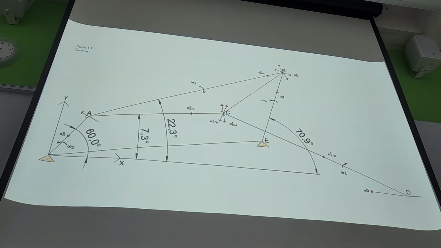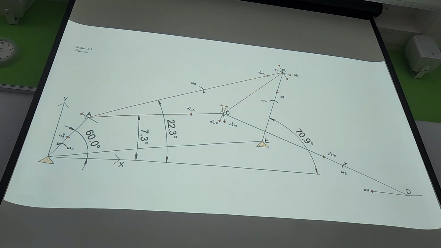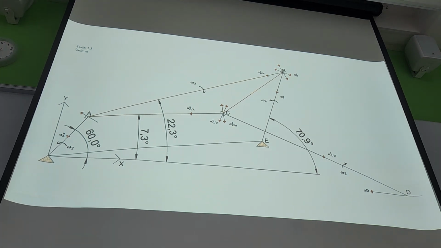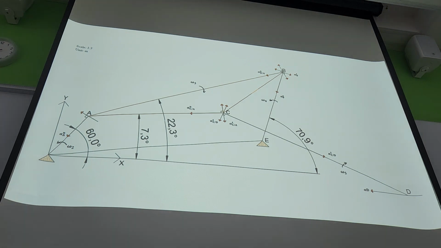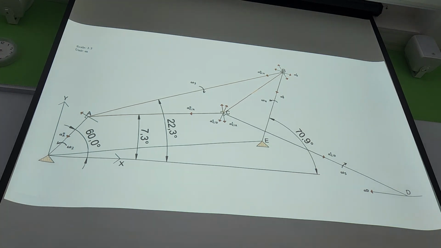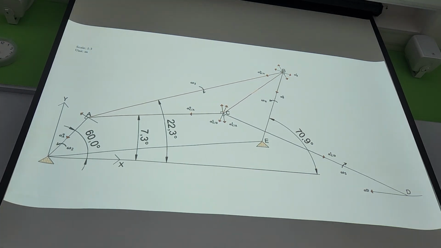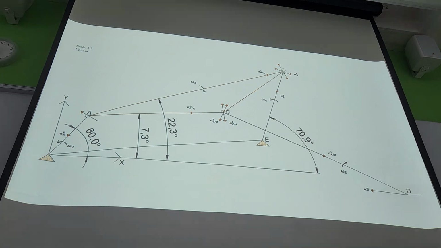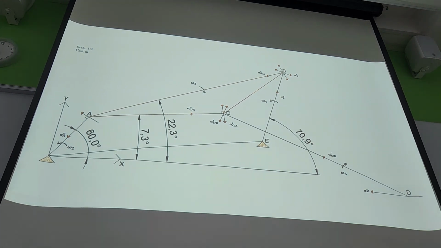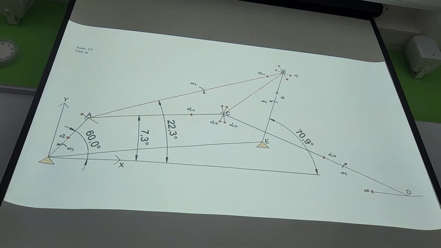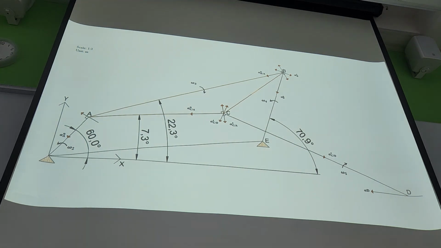Okay, so you first show your 6-bar linkage mechanism drawing and then identify the directions of the normal and tangential components at all the pin joints. For example, this point D has only tangential acceleration, because the slider is moving horizontally, so it has no normal component.